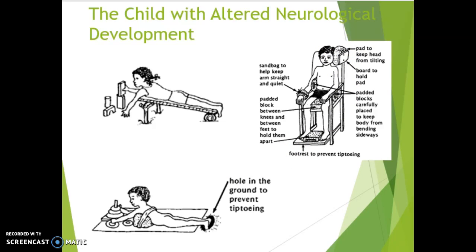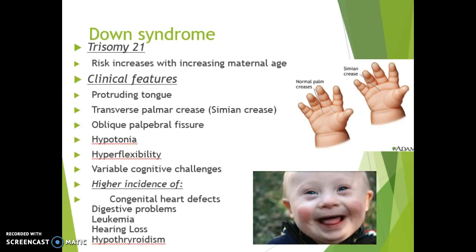A lot of the rules that you know from treating aging people, they're the same. It's just a different reason why you are doing range of motion and why you're turning them and why you're using these kinds of assistive devices. Same concept, just a different reason.